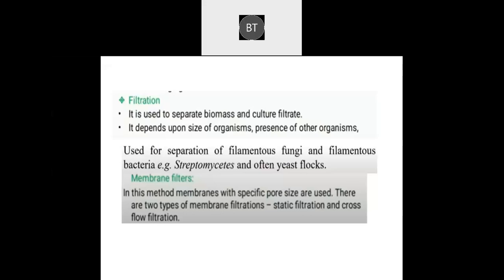So we have the membrane filters, which are a very useful technique, particularly for the separation of filamentous fungi and filamentous bacteria like Streptomyces and yeast, which usually form clots.